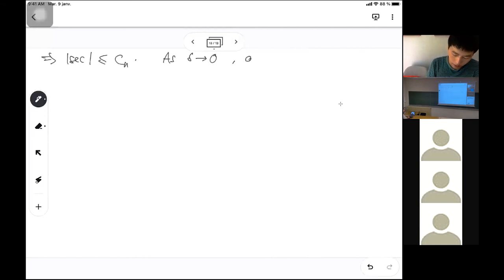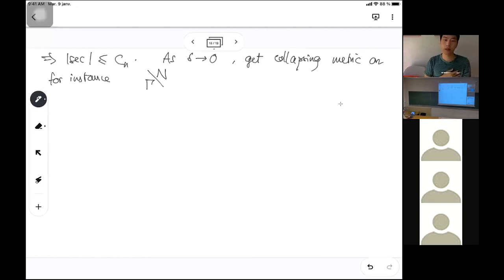You can get examples of collapsing metrics, compact manifolds that are collapsing, by taking a compact quotient of your Lie group N. Metric, for instance, N quotiented by gamma, where gamma is this co-compact lattice given by integer coefficient matrices.